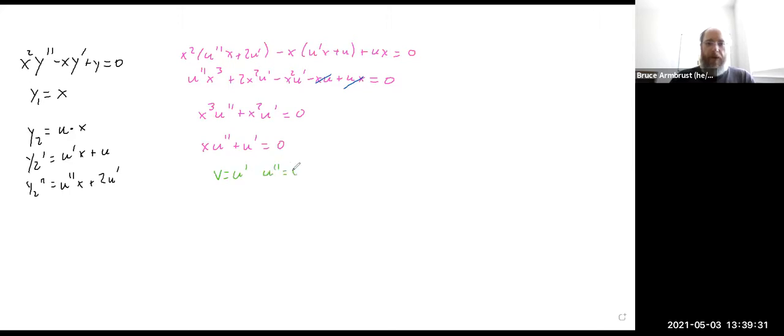So then u double prime is v prime. So this becomes x v prime plus v equals 0. And this guy's separable. So we have x v prime equals minus v. v prime over v is equal to minus 1 over x.